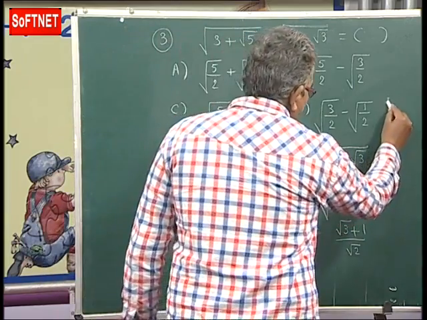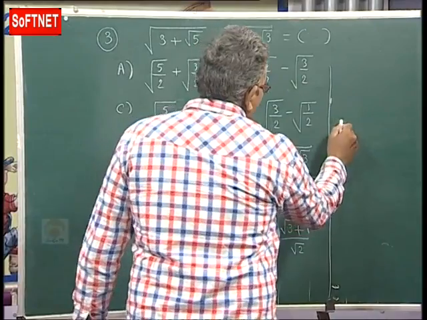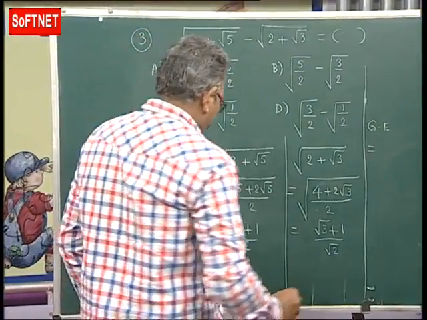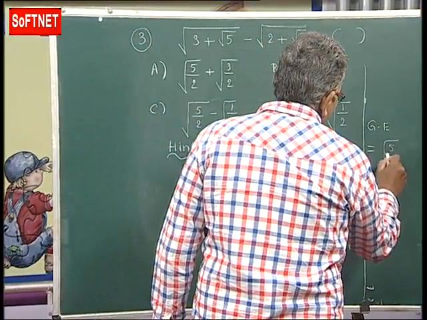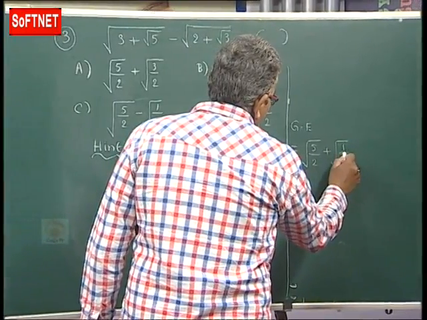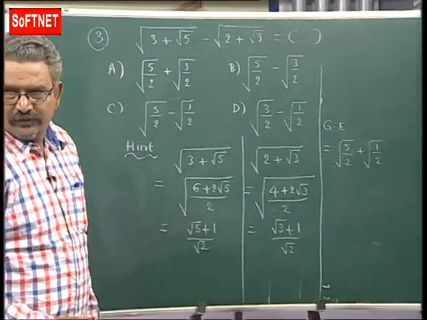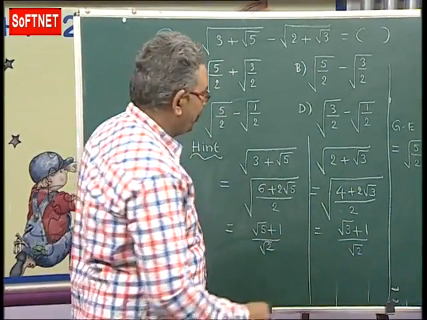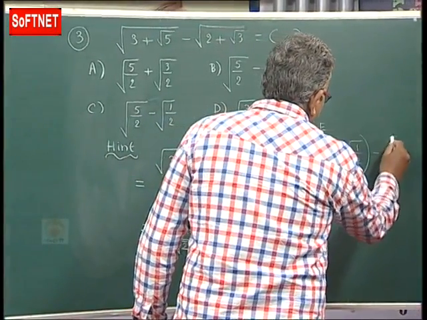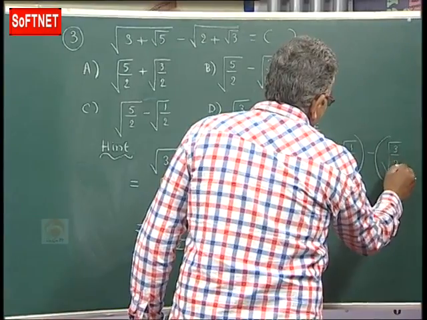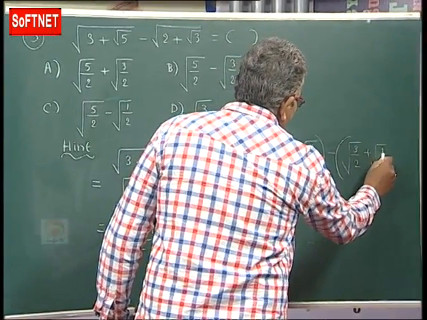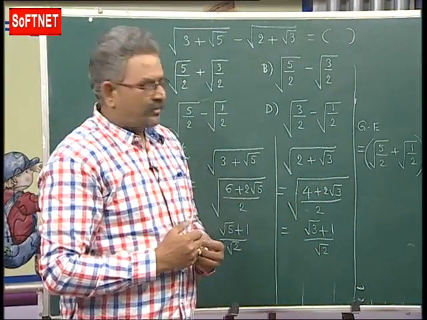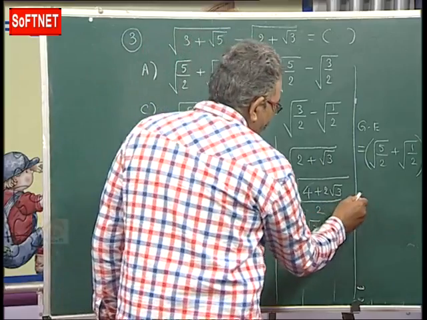Now the given expression can be written as root of 5 by 2 plus root of 1 by 2. Can I write like this? Okay. This can be written in a similar manner, minus of root of 3 by 2 plus root of 1 by 2. Just remove the brackets, and let us see what we get now.